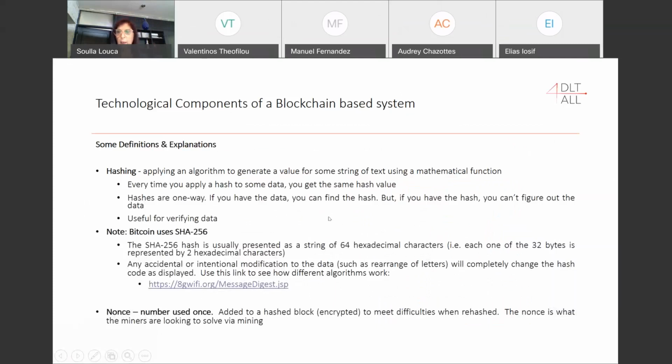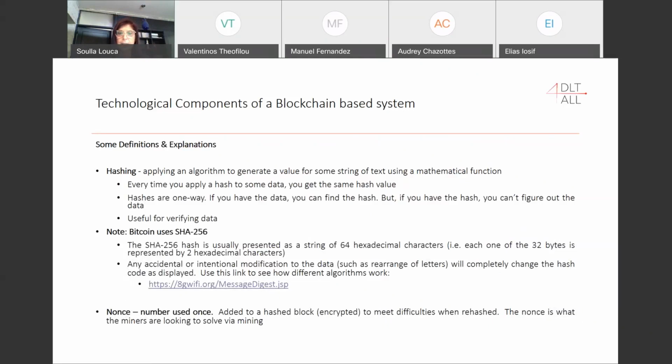Now, there is also another term that I would like us to know. It is important that we do know this. A nonce. A nonce is a number that is usually used once.